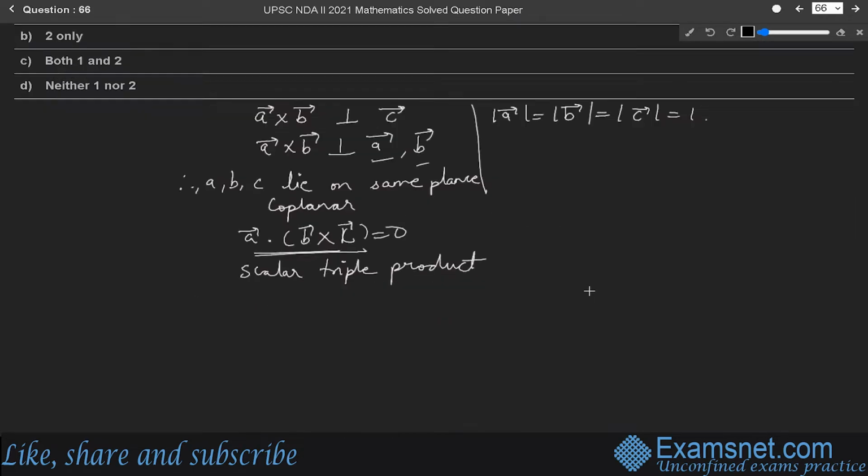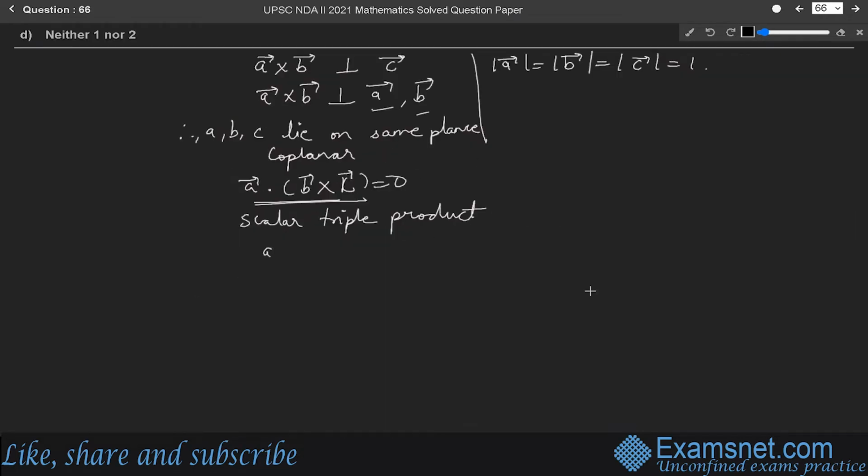Now let us talk about the first statement. The first statement is A vector cross product B vector is equal to sine theta into C vector. We know that A vector cross product B vector is equal to magnitude of A vector into magnitude of B vector into sine theta and a unit vector. You can see that the magnitudes of A and B will be 1, so it will be equal to sine theta and unit vector.